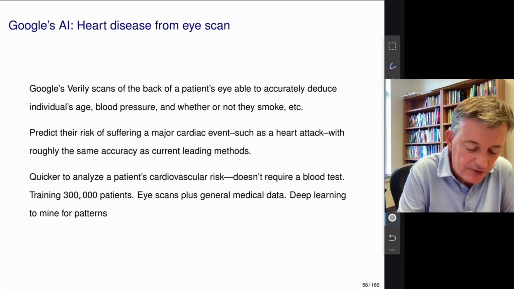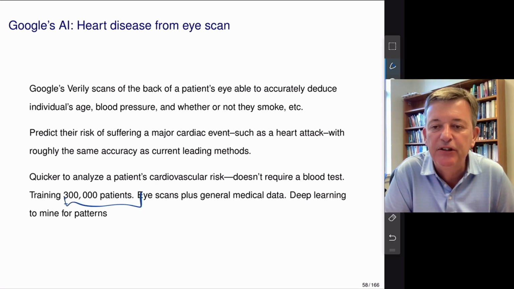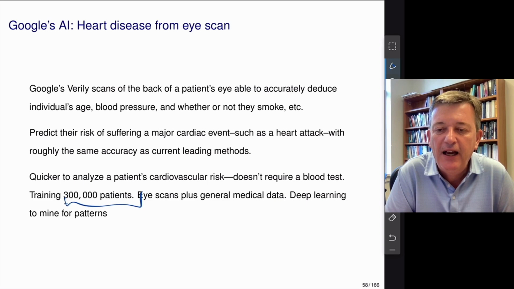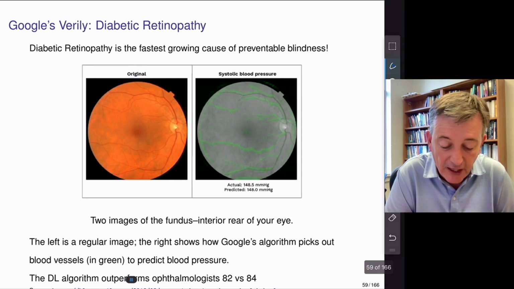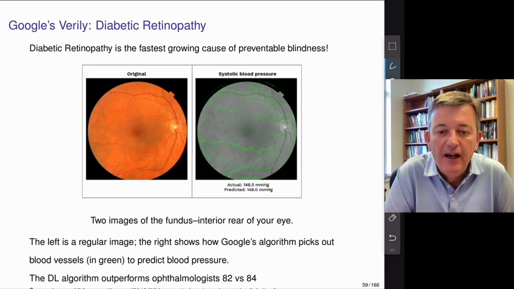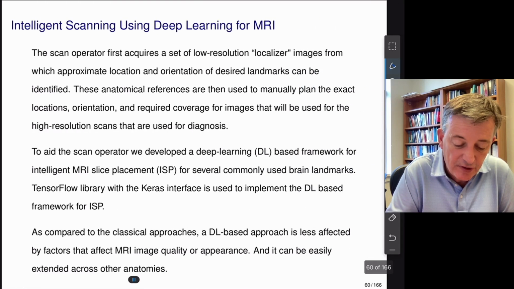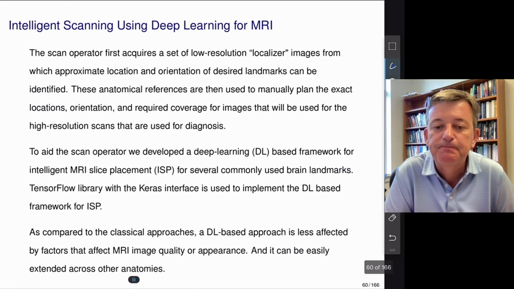And so with a big data set of 300,000 patients, Google did a bunch of pattern matching of eye scans, and it was sort of incredible how quickly it could predict diseases that you had, diabetes, or could even predict the age at which it thought you were going to die. When you look at the back of the eye, you can see which eyes are healthy and which ones are not so healthy. So, sort of an interesting use of machine learning.